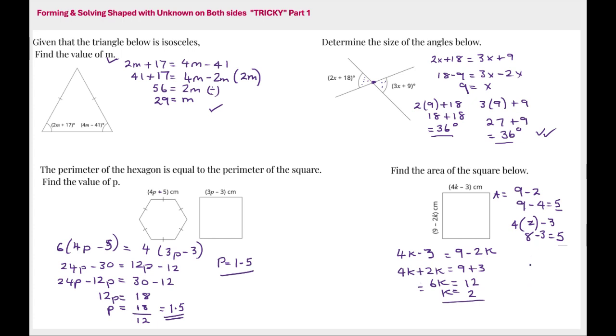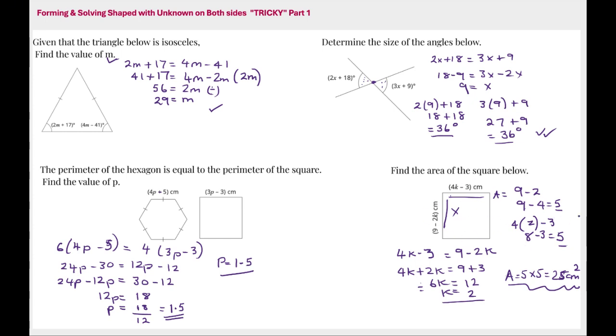So how do we find the area? It's the length times the height. So we're going to do 5 times 5 equals 25 centimetres squared. And remember, when it's an area, it's squared. And remember, a square flat shape is a 2D shape.